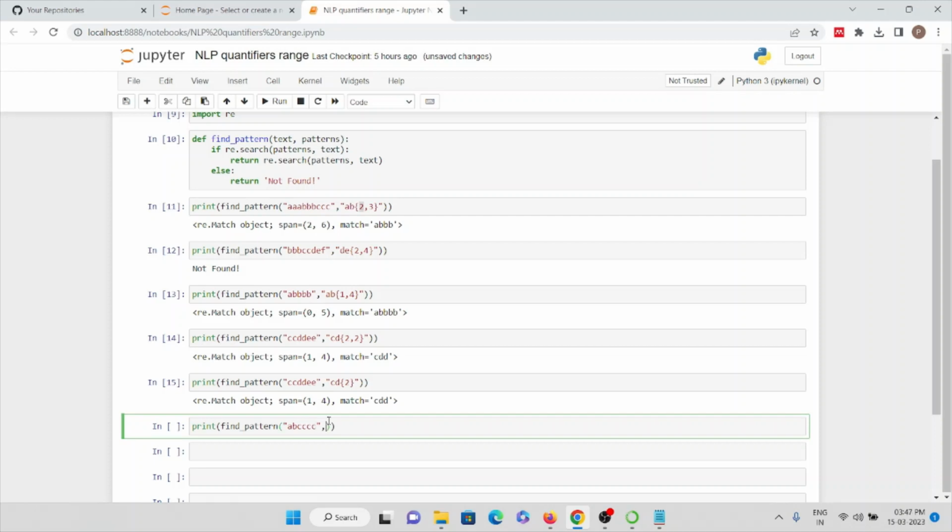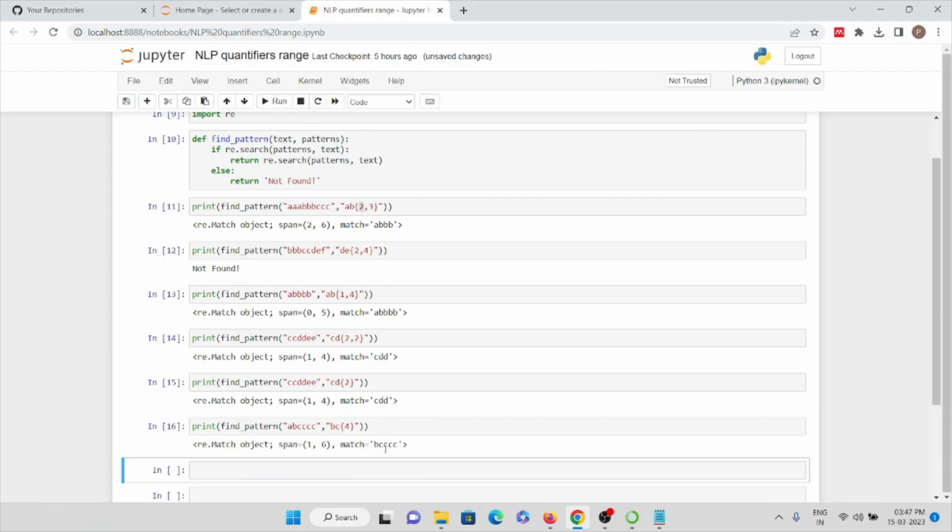Now what I will do is give BC, and here I will give it as 3. I will give it as 4. Okay. Now let's try to run this particular cell.